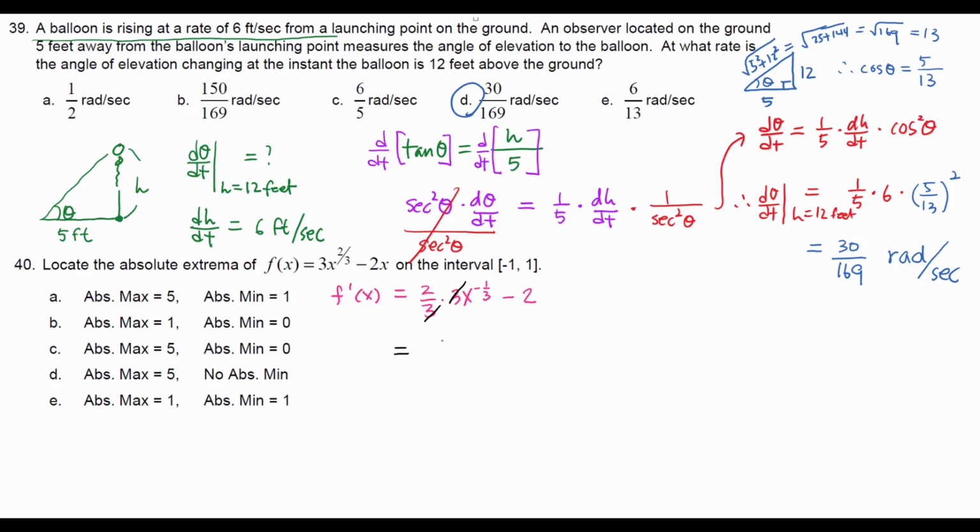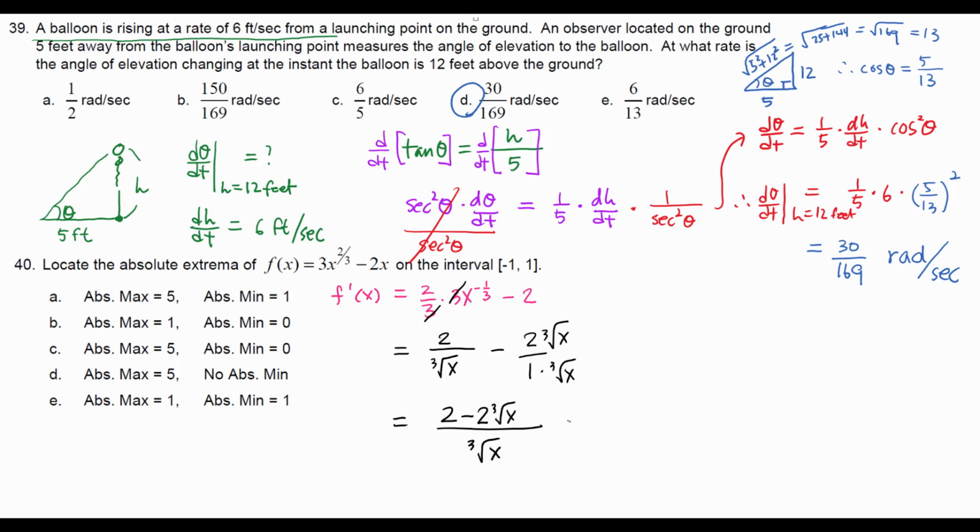What I have is 2 over x to the 1/3 power, moving it to the denominator, which is the cube root of x, minus 2. Let's have a common denominator. So multiply by cube root of x, top and bottom of the fraction. So I have 2 minus 2 cube root of x over cube root of x.